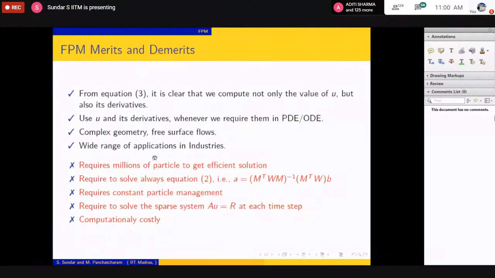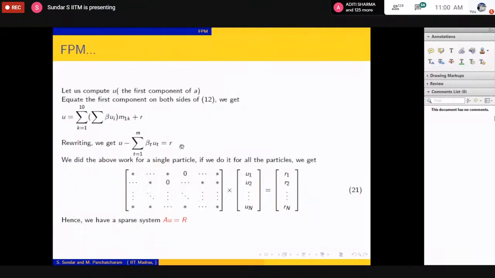This is at one point, but globally, for the entire capital N points, you will have a system of equations u1 to u capital N, which will form this. It has to be solved, and we have solved it through the conjugate gradient stabilized method. So this is a sparse system. This takes another 20% of your computational time. Okay.